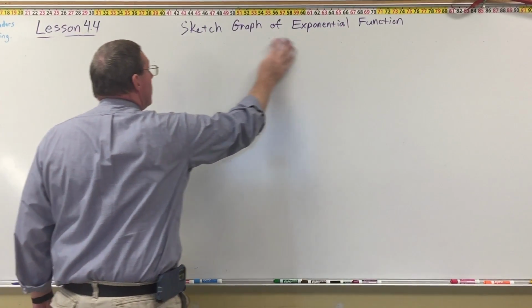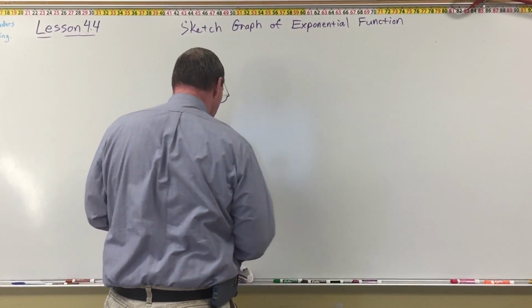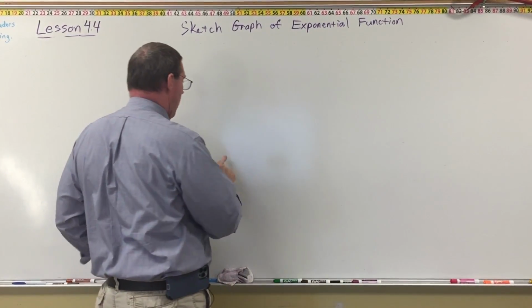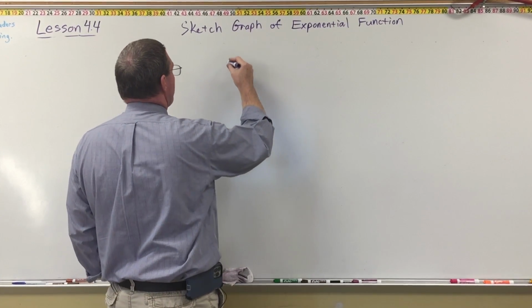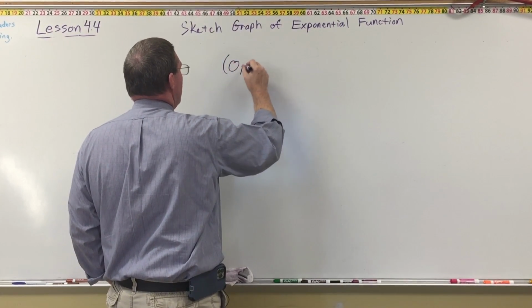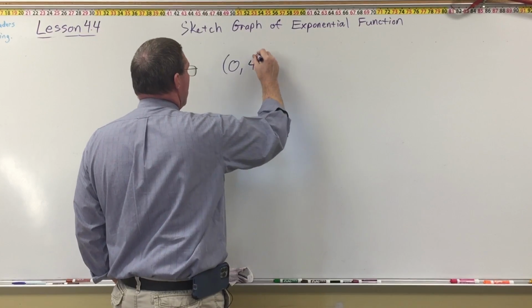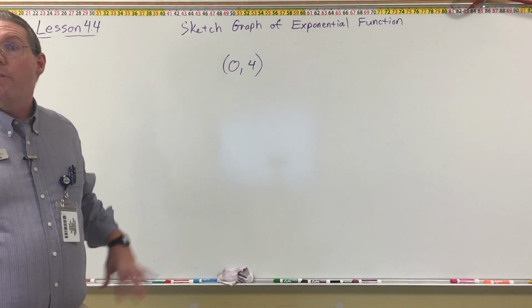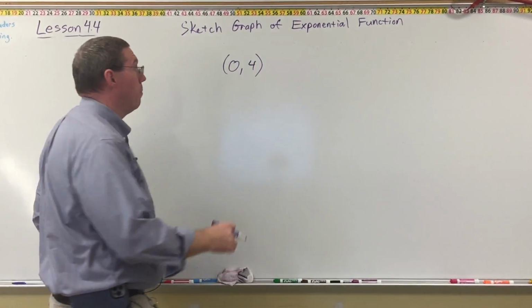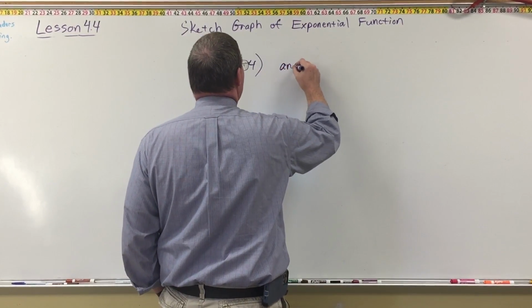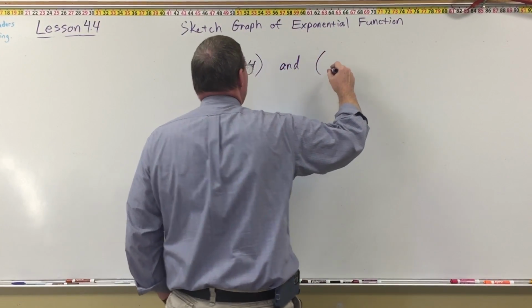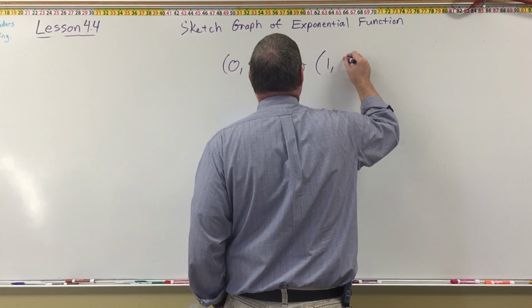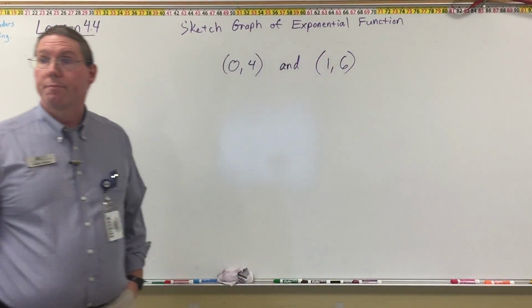Let's say that I know that the graph passes through the point 0, 4. I know that the exponential function passes through the point 0, 4, and it also passes through the point 1, 6.